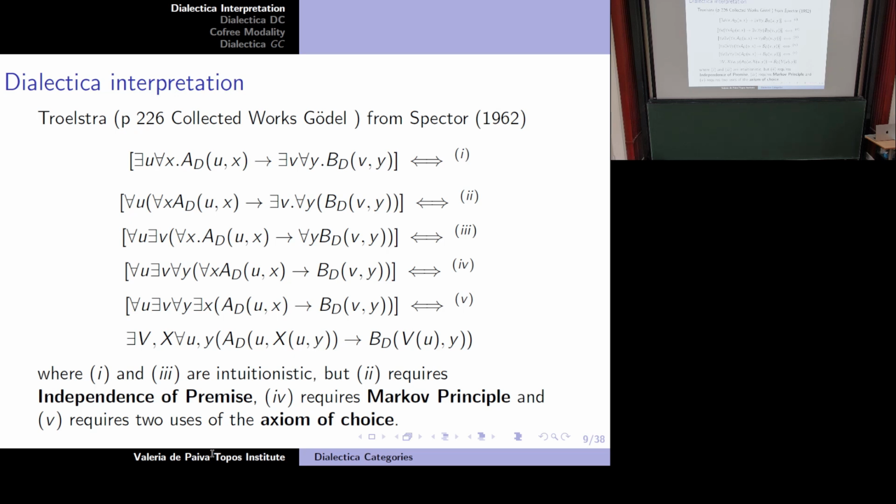the first one and the third one are totally constructive, but the second one requires independence of premise, which is not valid constructively, and the fourth one requires Markov principle, which is only valid for the Russian constructivists, and the fifth one requires some kind of limited use of the axiom of choice.